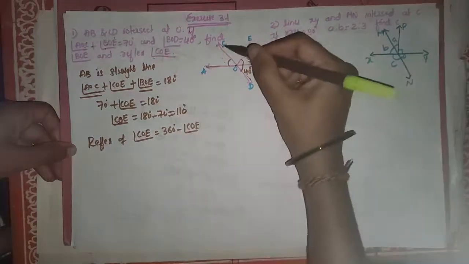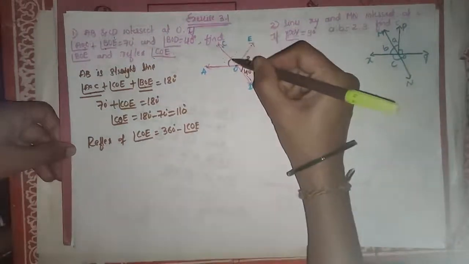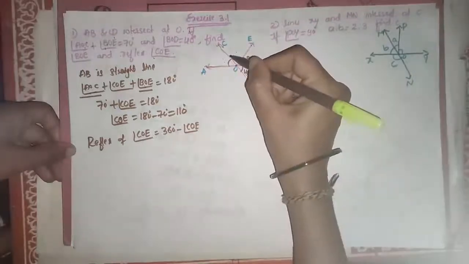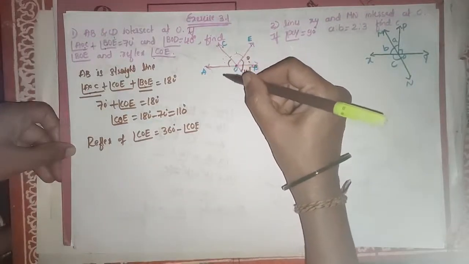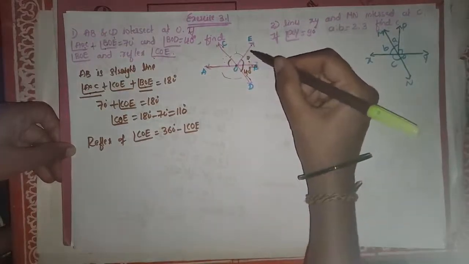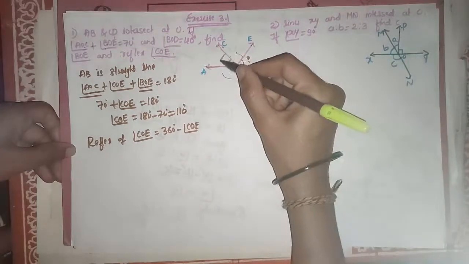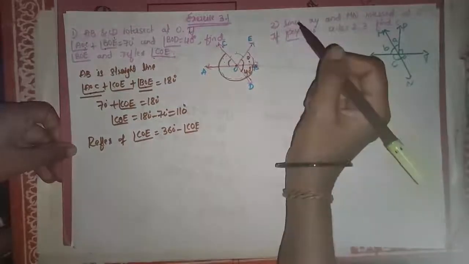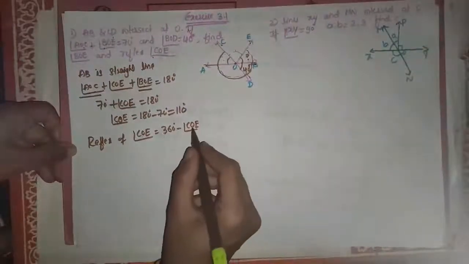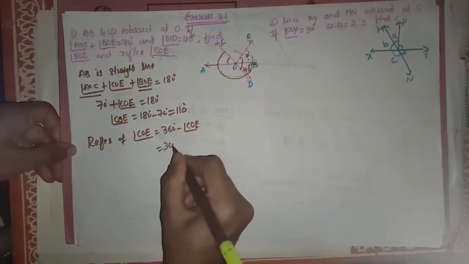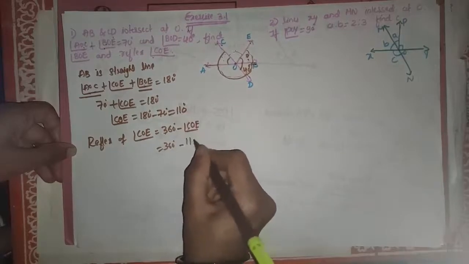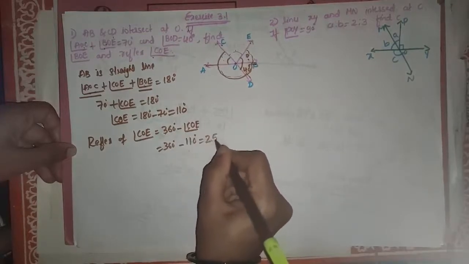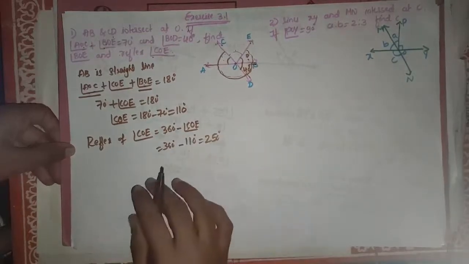The reflex of COE is everything except COE. That is 360 minus COE. So here 360 minus 110 degrees is equal to 250 degrees. This is the reflex of COE.